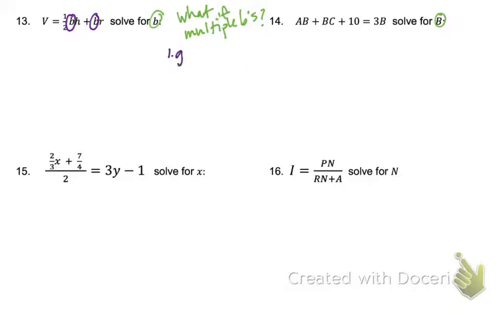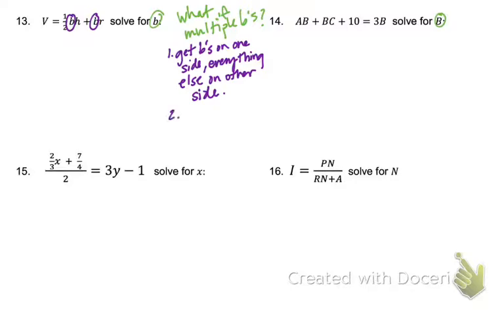So step number 1, get the b's on one side, and everything else that doesn't contain a b goes on the other side. This problem started out easy because it's already done that for us. I've got my b's on the right side, and then this term doesn't have a b in it, so it's on the left side.